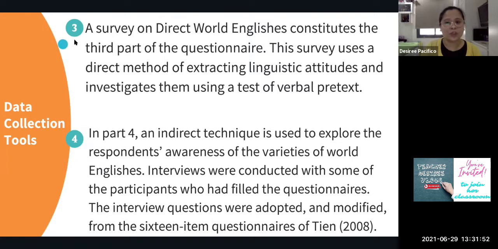Interviews were conducted with some of the participants who had filled the questionnaires. The interview questions were adopted and modified from the 16 item questionnaire of 2008.